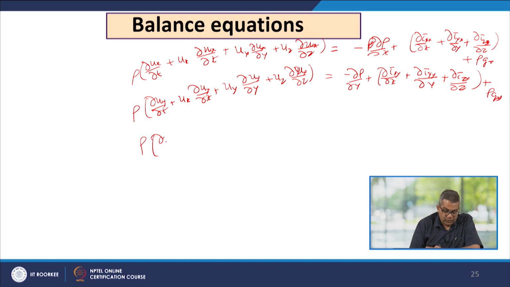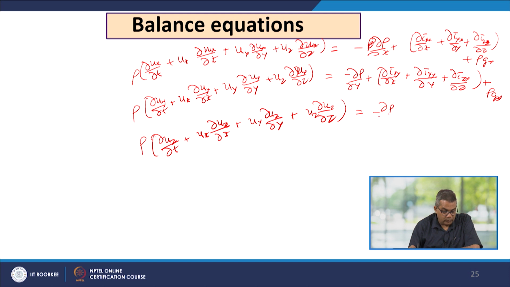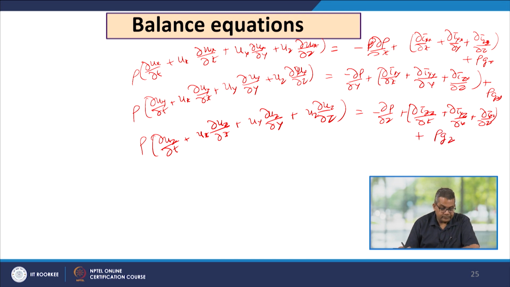rho times del uz over del t plus ux del uz over del x plus uy del uz over del y plus uz del uz over del z. This can be represented as minus del p over del z plus del tau xz over del x plus del tau yz over del y plus del tau zz over del z plus rho gz.